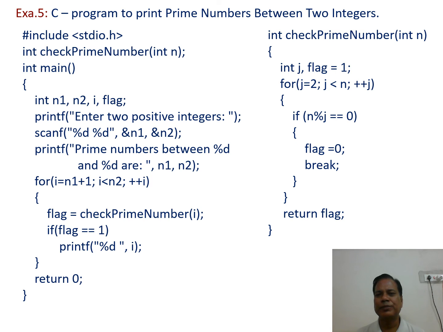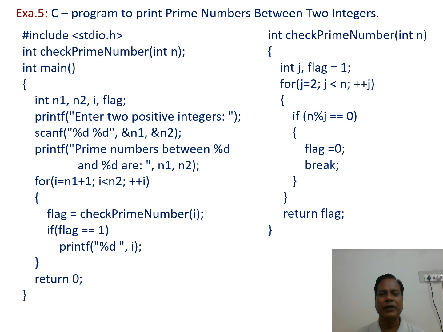But if the remainder is not 0 here, then the body of the if statement is skipped. And the initially set value of flag is returned to the calling function. Depending on that, if flag equals 1, naturally print %d, that value i is printed.